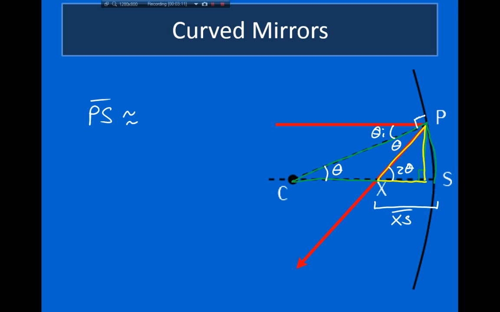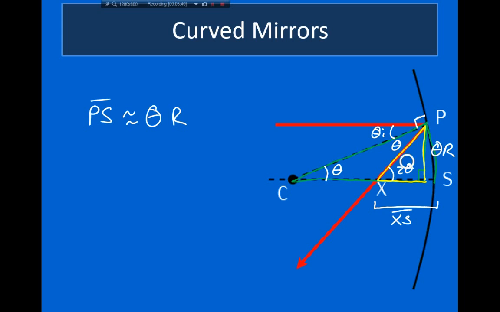And of course the length of this arc is equal to the radius of the circle times this angle. So this length right here, PS, is approximately equal to theta, when theta is measured in radians, times this length, which is equal to the radius of our sphere. So this length right here is approximately equal to theta times r.